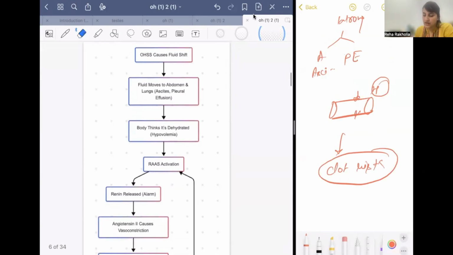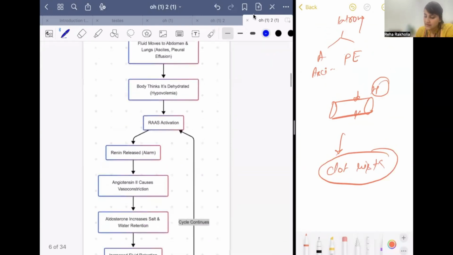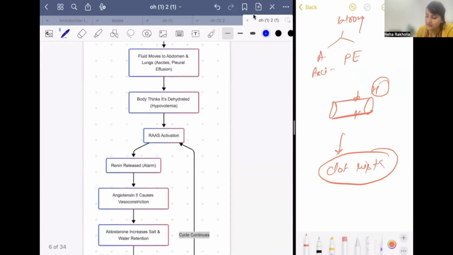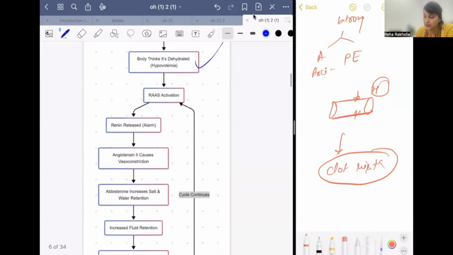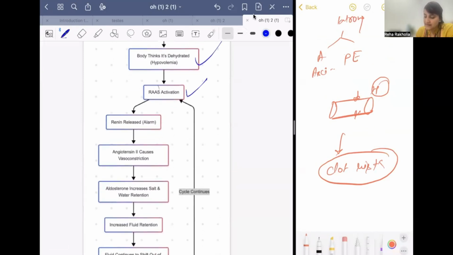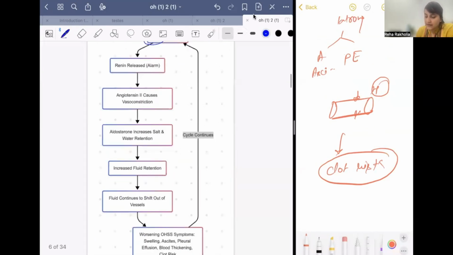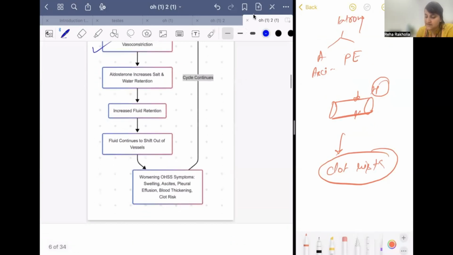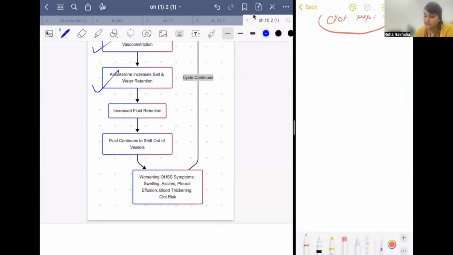See, by the flow chart, you can understand OHSS causes fluid shift. Fluid moves to the abdomen and lung. Ascites, pleural effusion occur. The body thinks it's dehydrated, hypovolemia. So the RAS system gets activated. So renin is released, angiotensin 2 is released, aldosterone is released. Basically, these all are retaining water in the body.